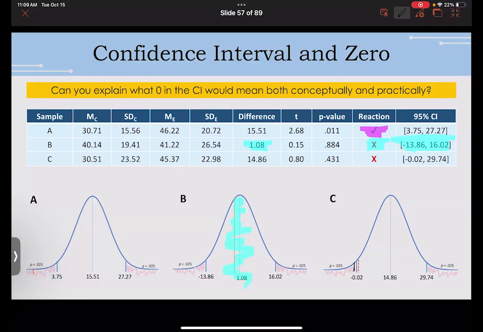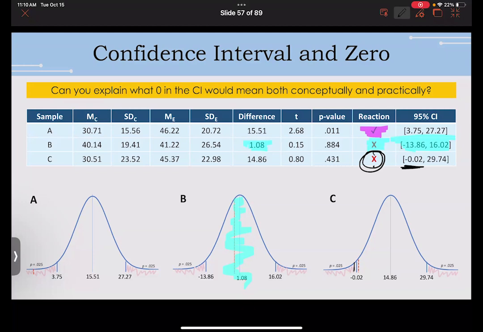What we know about zero being inside is that it means we're going to get a p-value that's greater than 0.05, right? So the way this becomes very important is that it corresponds with a non-significant result. Reading the confidence interval correctly almost becomes more important, because in some ways it goes against what our p-value is telling us.